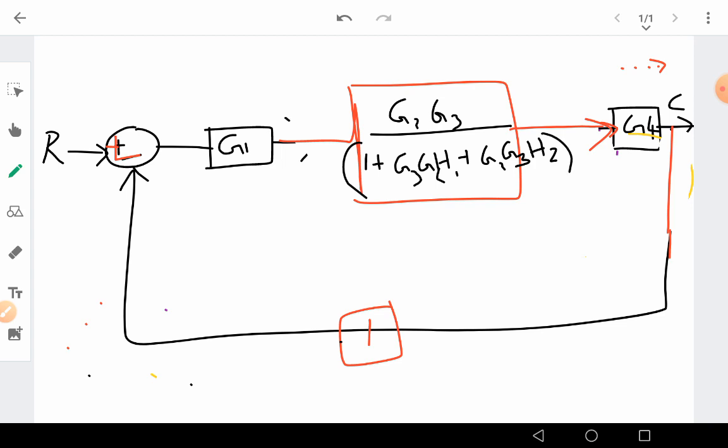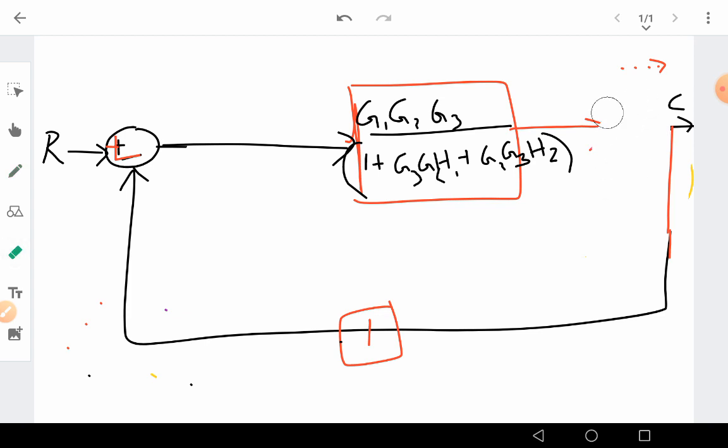Right now we have this multiplied by G1. Again for simplification, this G1 can be multiplied in here. Now we have G4, we can multiply with G4 also for simplification.